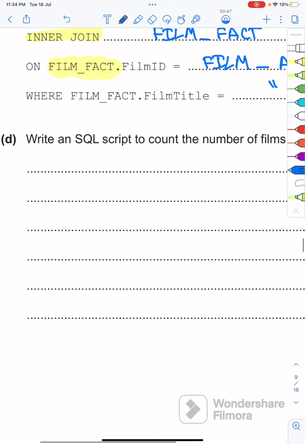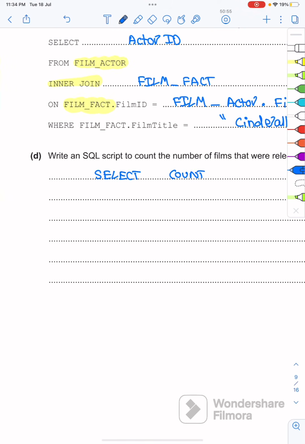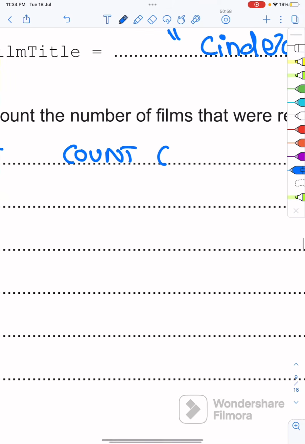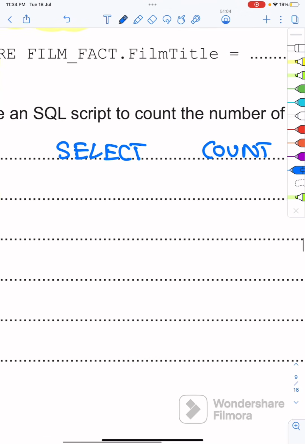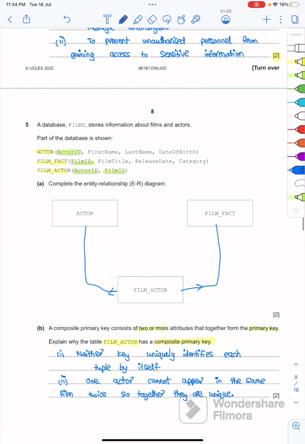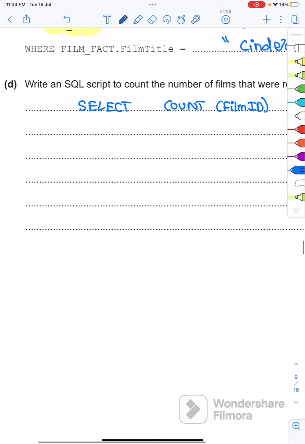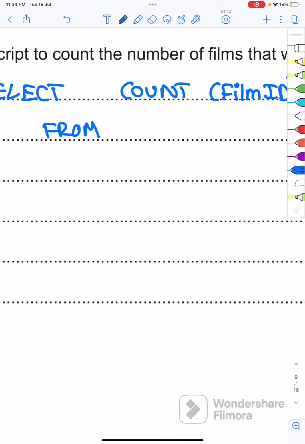So we're going to write here, select count film ID, and you're going to count it from film_film.